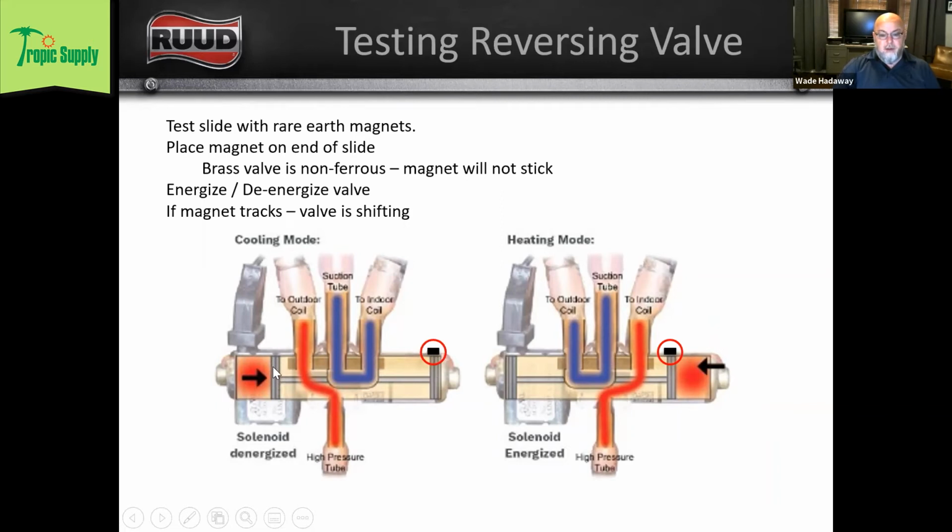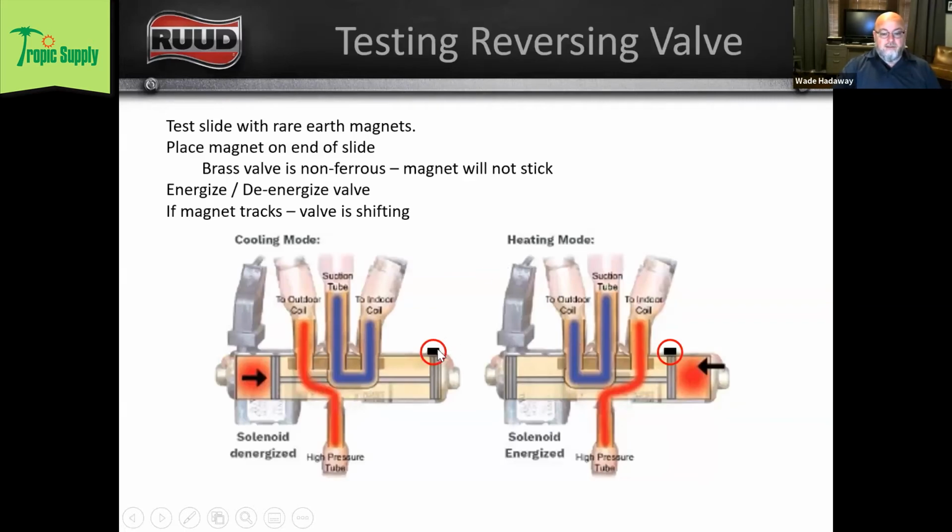If you take a rare earth magnet, you can get them at Harbor Freight or anywhere really, and put it down on the valve body and slide it down the valve, it'll find this steel piece here, and it'll stick to it.